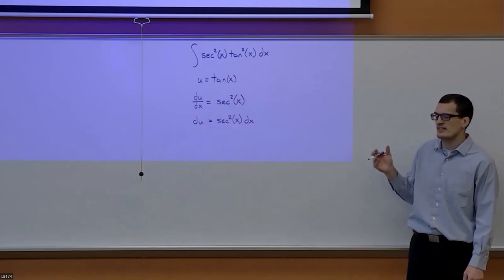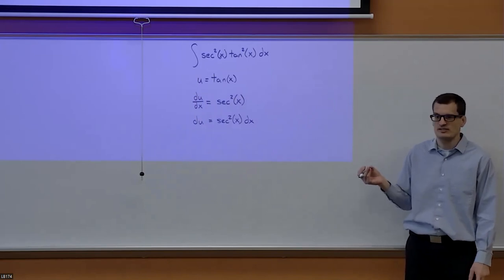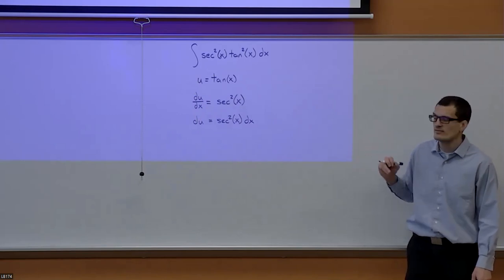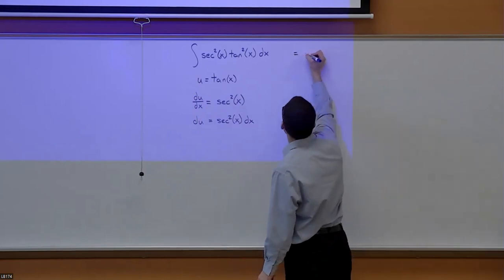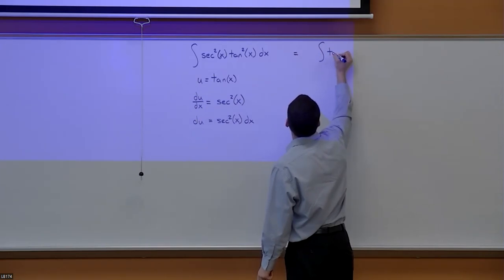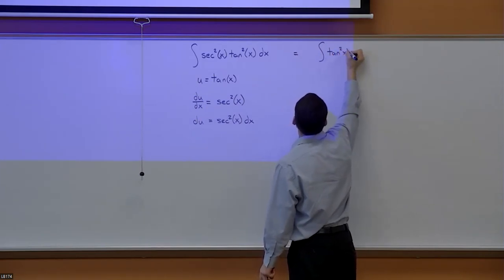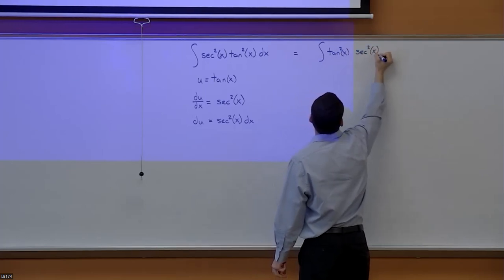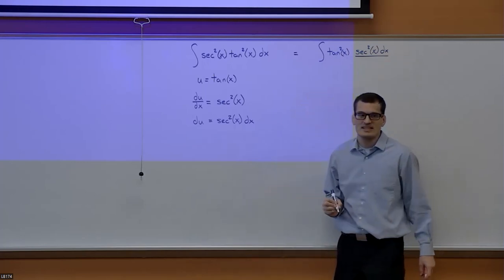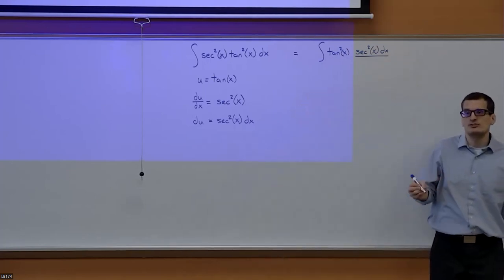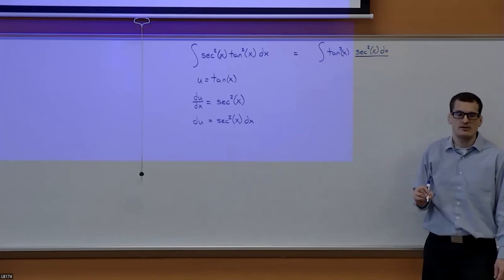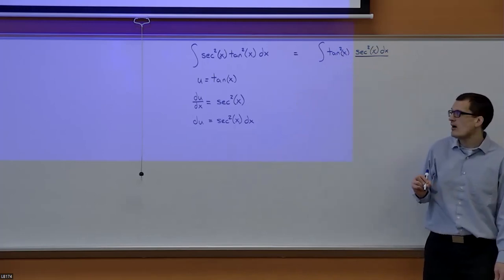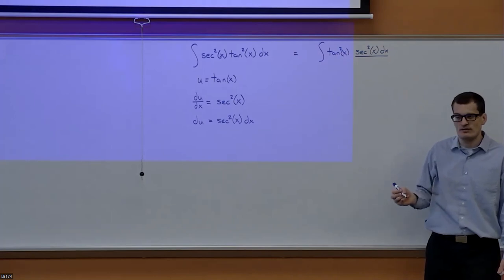And in this case, that's fantastic because we actually just have a secant squared that we can pull out and attach to our dx. And once I do that, the remaining portion of the integration is tangent squared.